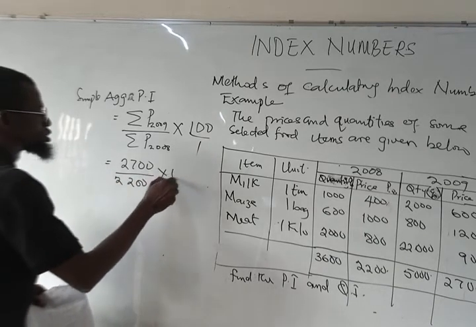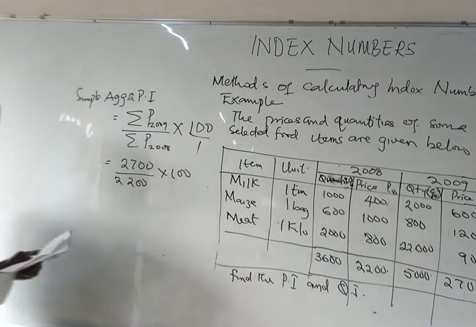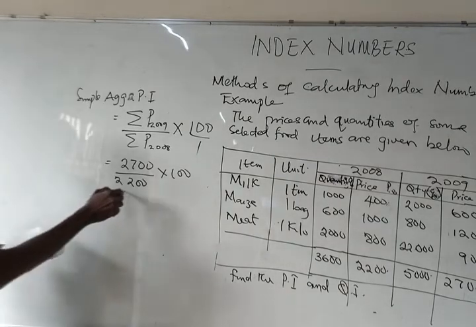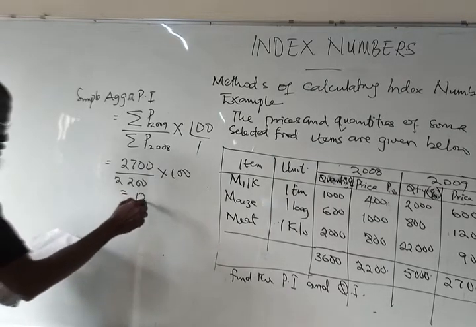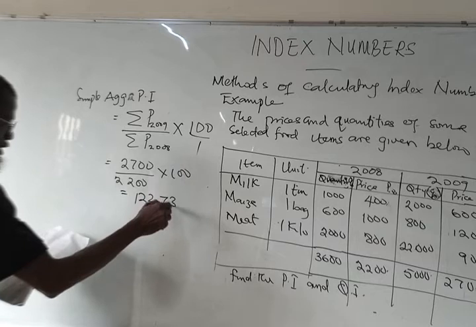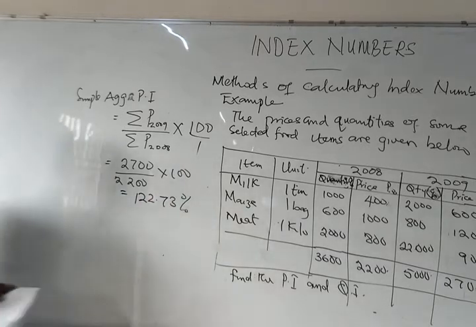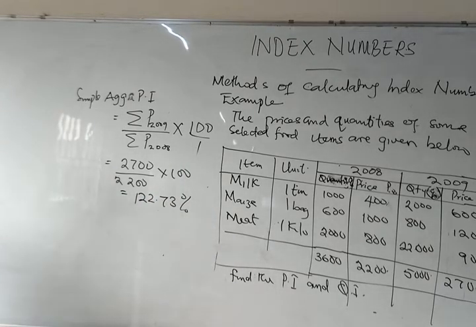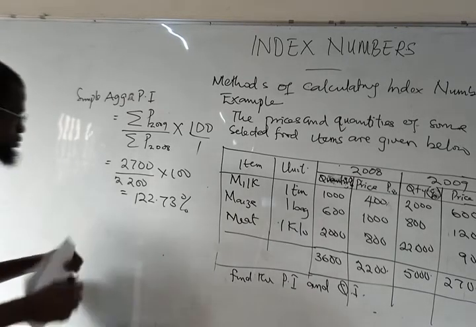Are you with me? So 2,700 over that of 2008, the price of which is 2,200, then times 100. If you do this, you realize that we have 122.73%. So this implies that the price has gone up.